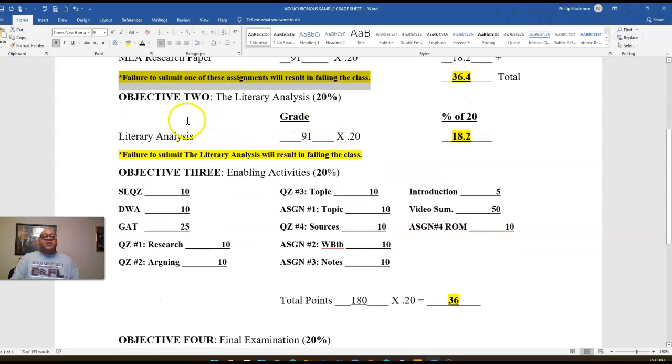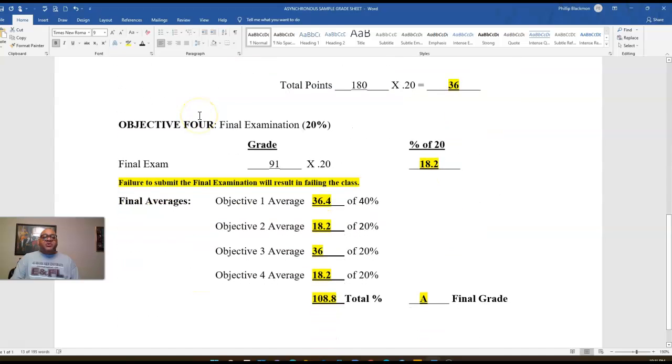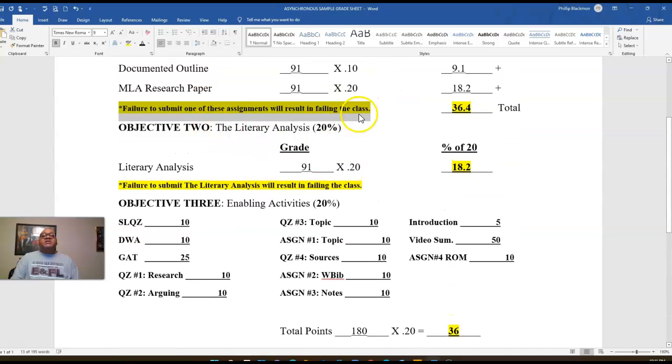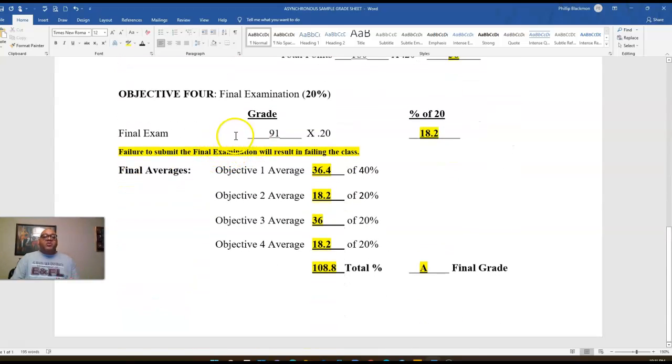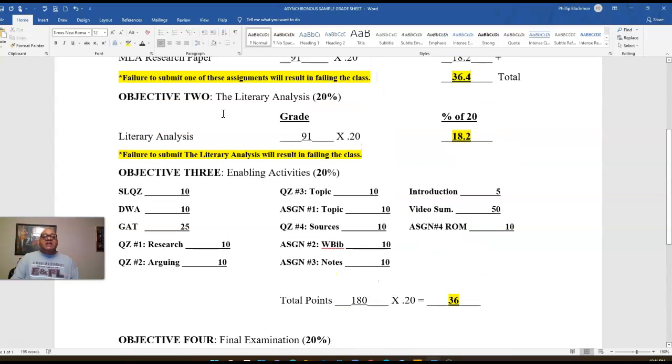Look at objective 2. I want to talk about objective 2 and objective 4 together. We started this class late. I was locked out of the class at the beginning of the semester, so I did not have the chance to give you a formal final examination for objective 4. So what I did is I took your literary analysis, which was the final paper that you did, and I counted it twice, okay?